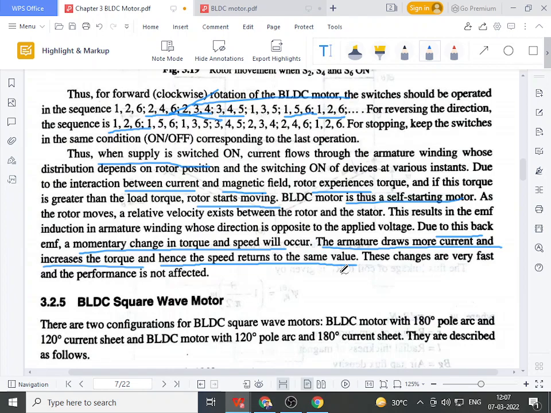Whenever we deal with the shaft torque, this P is the power available at the shaft. So there is always an inverse proportion between torque and speed. So if torque increases, speed will decrease.